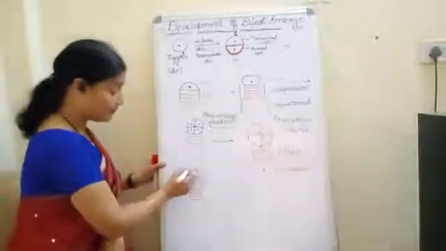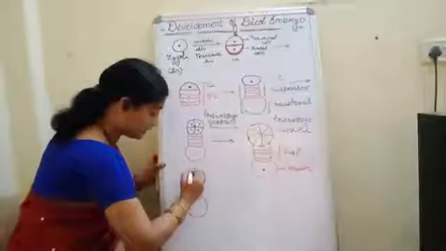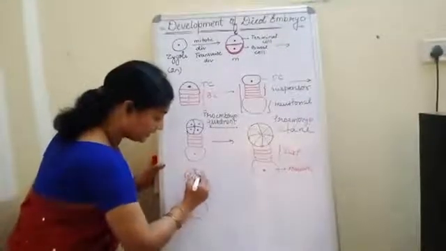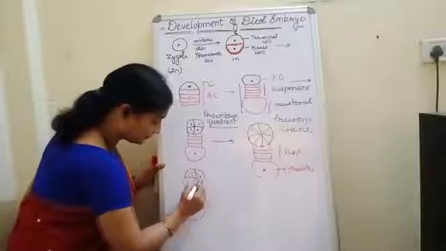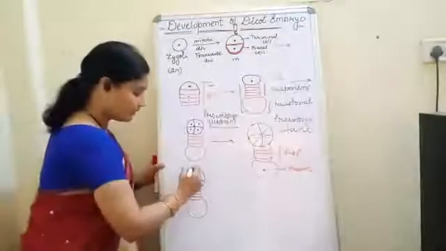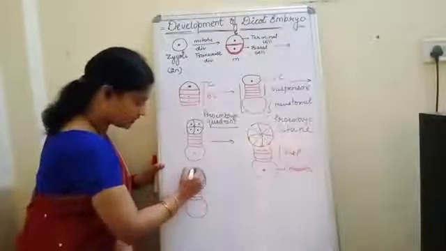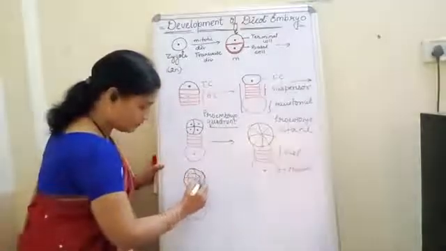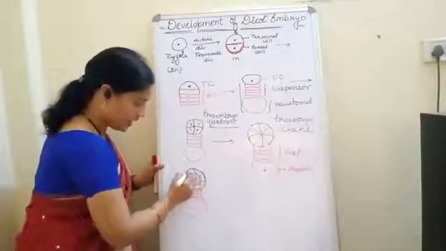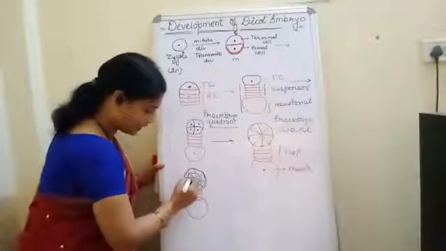Now, there will be periclinal division. And the periclinal division is something like this. Clear? Now what we have got? We have seen one structure like this, and inside one more structure, and the divisions of the cells are like this.